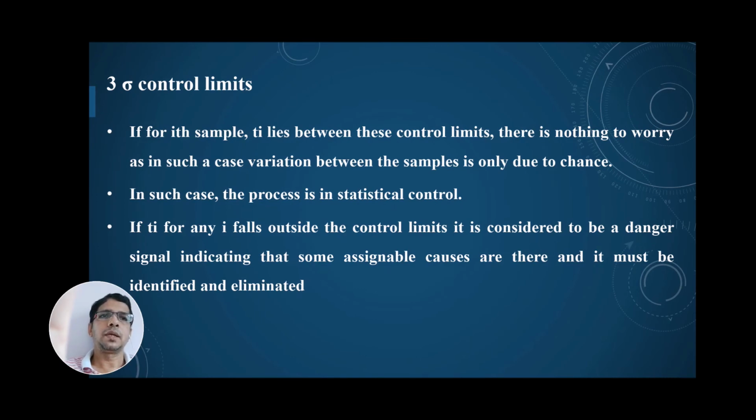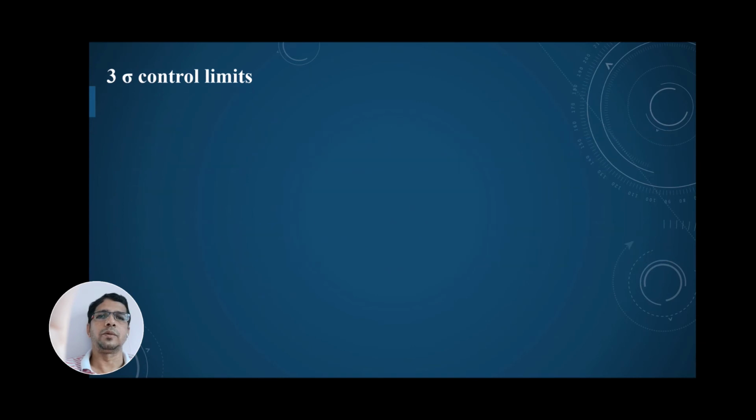It means that if the variation is because of chance causes, then we say the process is in statistical control, and if it is not, then we say the process is not in statistical control.